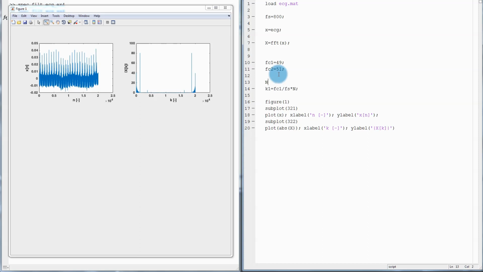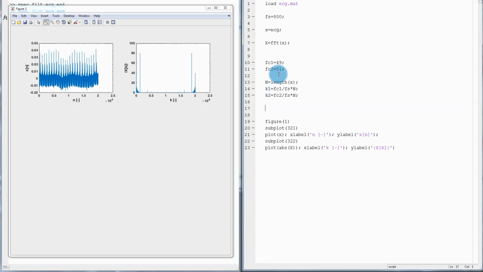And I need to define that the length of the signal is my capital N. So this is the recomputation of the first frequency, and this goes for the second frequency. Now that I have these frequencies recomputed, I can construct my frequency characteristic. Except I shouldn't forget that these formulas can actually give me fractional numbers, so I need to round them.